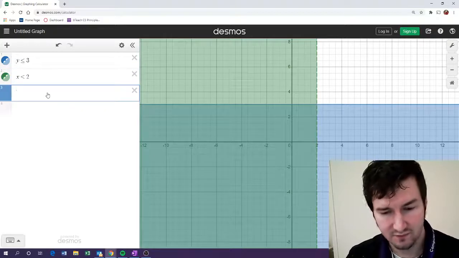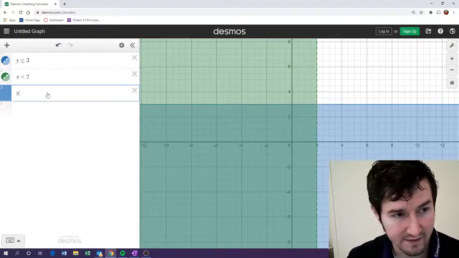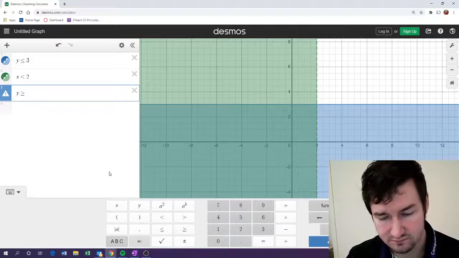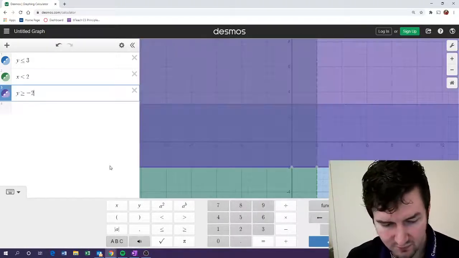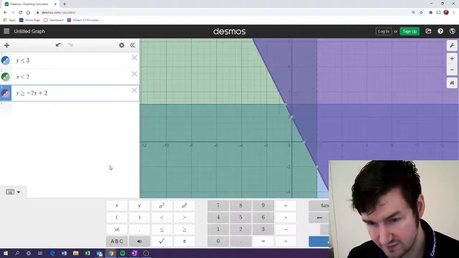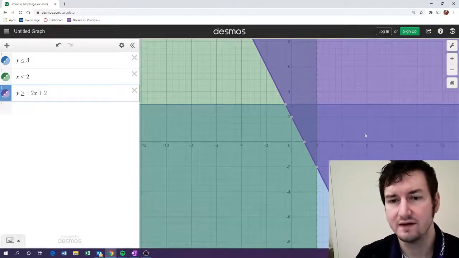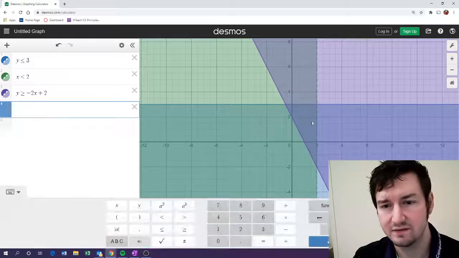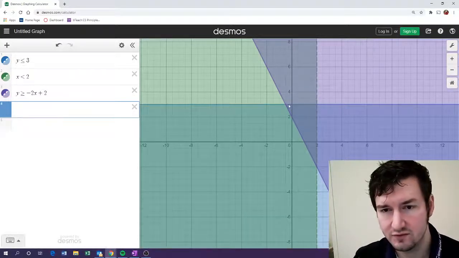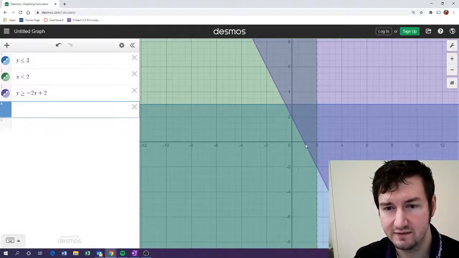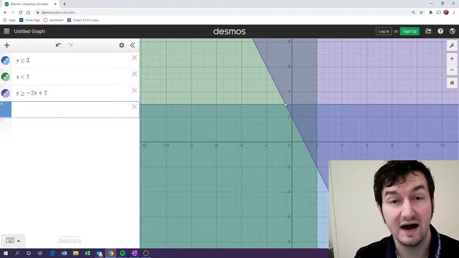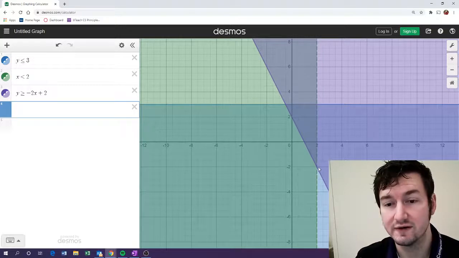And then our final one is y greater than or equal to -2x plus 2. We can see that the place where they all overlap is going to be this little triangle right in here. This little triangle would be the graph of these three inequalities.